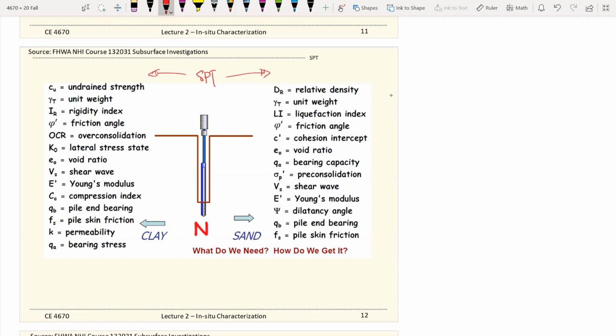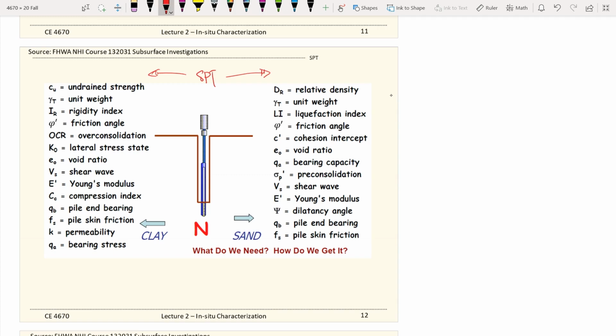The N value is powerful in the sense that it can correlate with many other soil properties, because many soil properties are related to the resistance or stiffness of the soil, which can be captured by the penetration resistance from dropping a hammer.